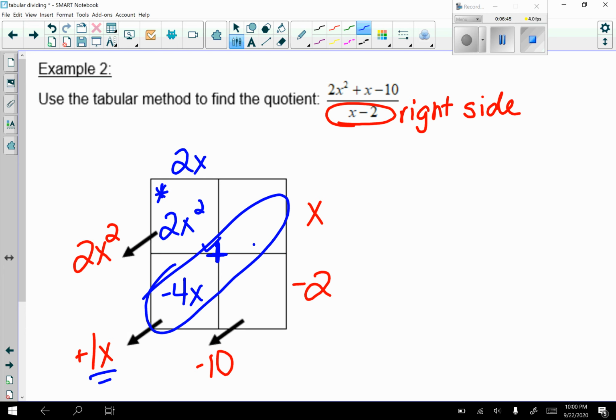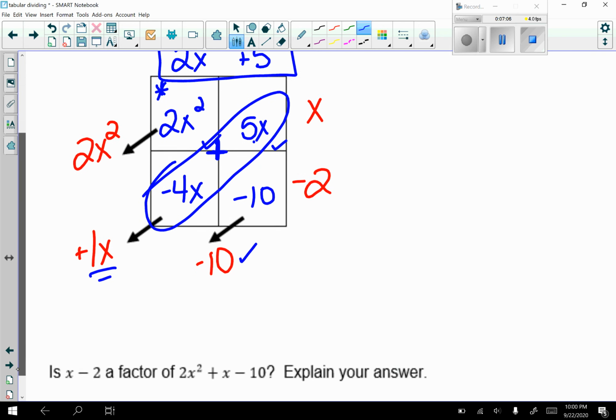This should be a 5x. Up at the top, I have to have a positive 5. 5 times x is 5x. 5 times negative 2, negative 10. It matches my diagonal. So 2x plus 5 is my answer here.